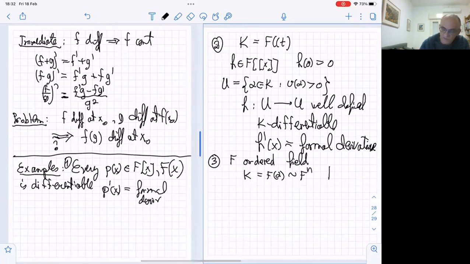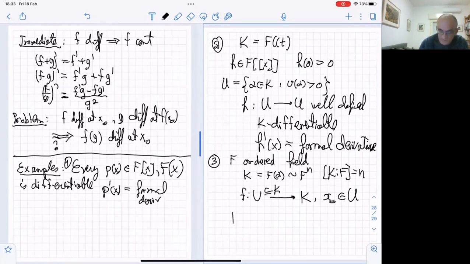So I'm assuming that the degree of K over F is n. So we have a finite extension. And now we have f from some open set inside the finite extension into K, and x0 is a point in U.